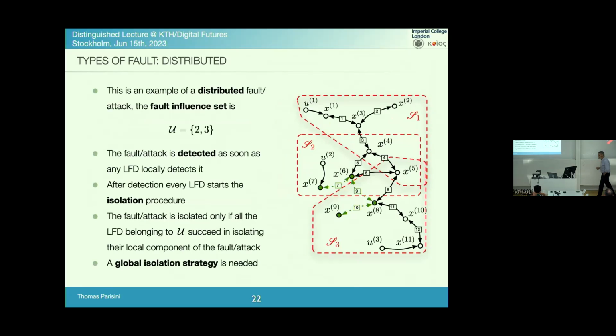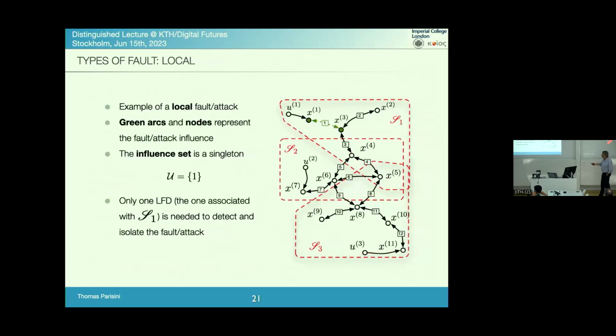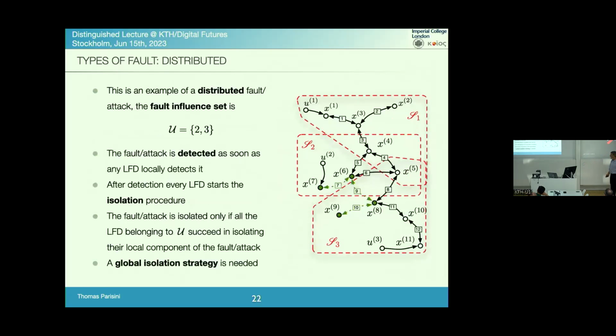And that has an important implication, because in this case, if you have designed a fault isolation component, which means something, and I will show that later, that not only detects that there is a problem, but is also able to locate where the problem is, that isolation part in the first case is possible. But in this case, it's not, in the sense that if you want to locate and isolate the fault, the isolation procedure necessarily will need the fault diagnosis units 2 and 3 to communicate to each other.